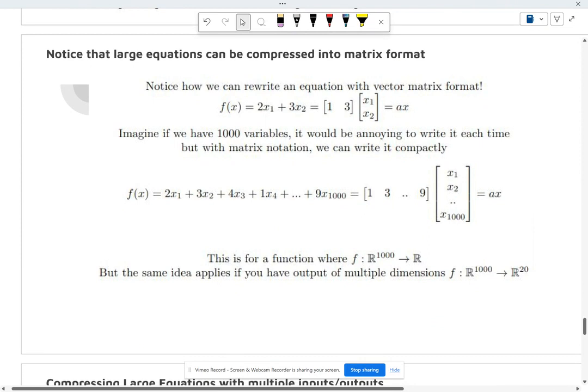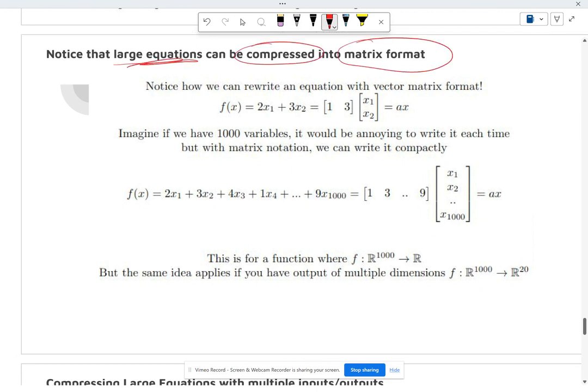Okay, what I want you to notice from that exercise is that we can rewrite very large equations and compress them into the matrix format. Now, you can imagine when we do data science and machine learning, the amount of data you have could be millions, like a million by million matrix, for example.